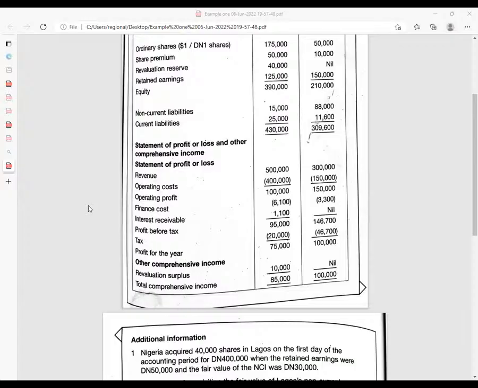Group exchange gain, very important, for me to be able to get what we call the total comprehensive income.